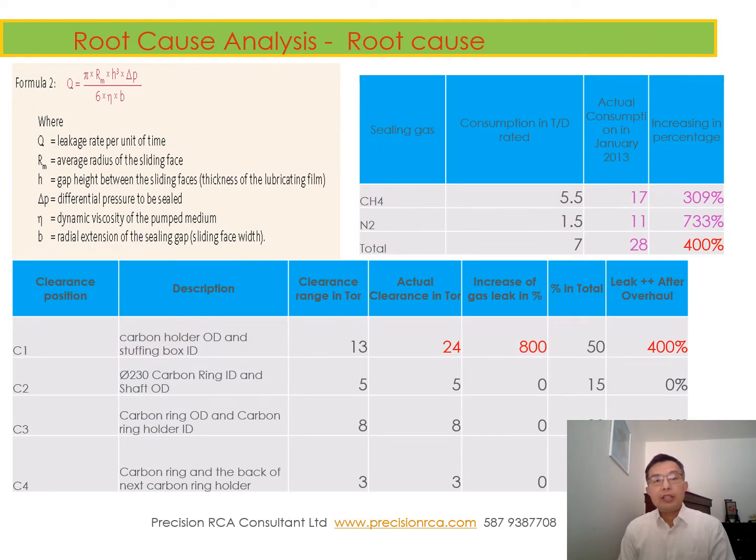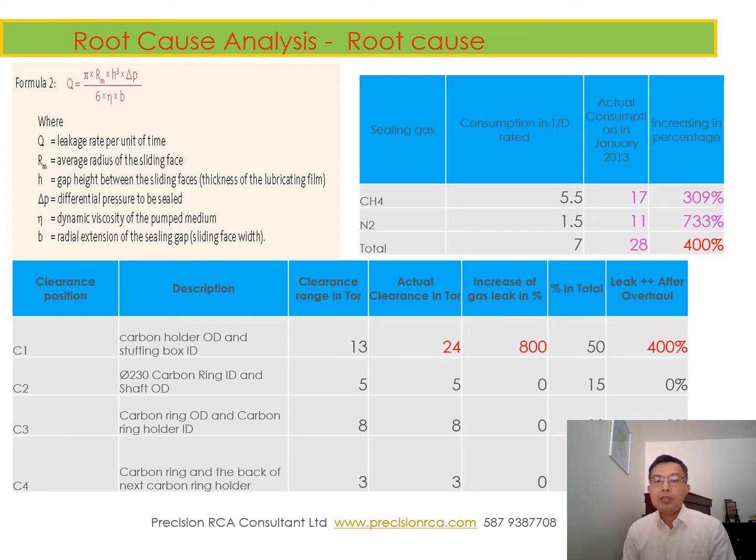So in this RCA case study, we use one of the formulas, which is the leakage rate per unit time. From this formula, you can see that the leakage is proportional to the radius of the sliding face and the power of 3 of the clearance, times the pressure differential, divided by the viscosity and also the width of the sealing face.